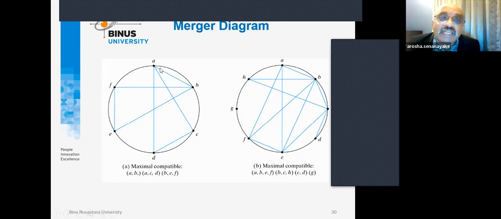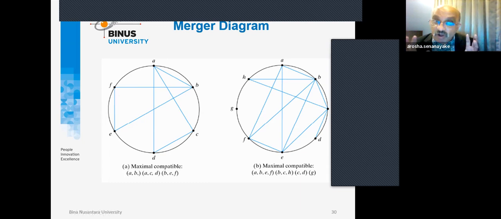You can easily see that ADC is one triangle. Does a triangle have a diagonal? No, a triangle has no diagonal. Then the second triangle that you see is BFE. What is the conclusion?